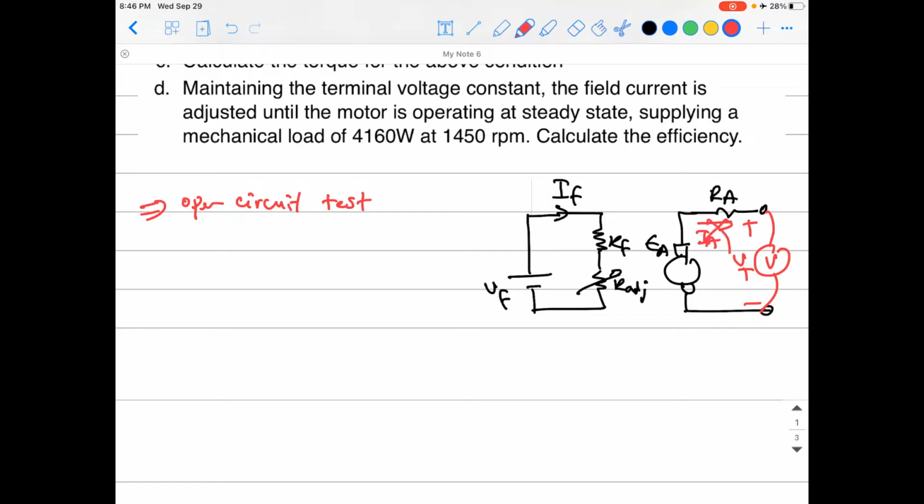The armature current equals 0. There is no current, which means there is no voltage drop over the armature resistance. So in the case of open circuit, the terminal voltage equals EA directly, because we don't have any current moving in the circuit, so there is no drop over the armature resistance. So the terminal voltage in case of open circuit is the same as the induced voltage. It's the same thing. Okay, guys?